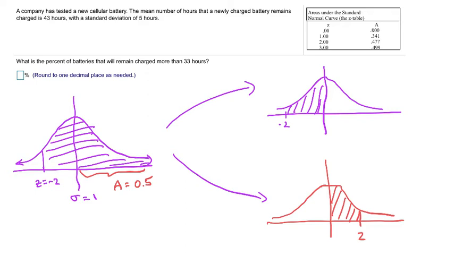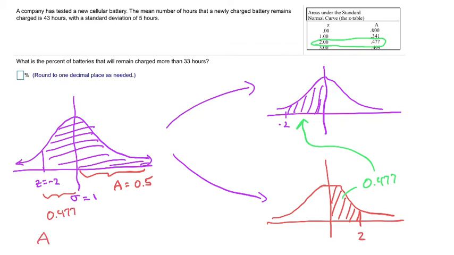Well, coming back up to our table, here we see that for a value of 2, that area is going to be 0.477, which means that the area here will also be 0.477. So our area on this side of the y-axis is going to be 0.477.